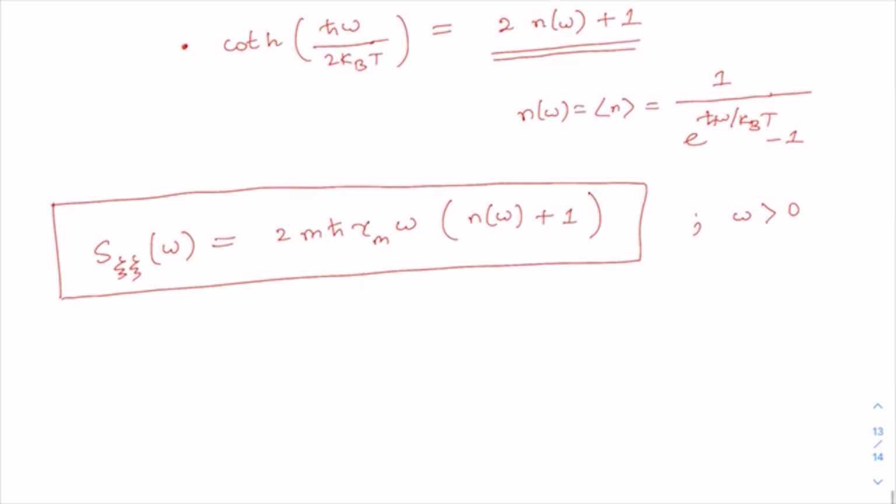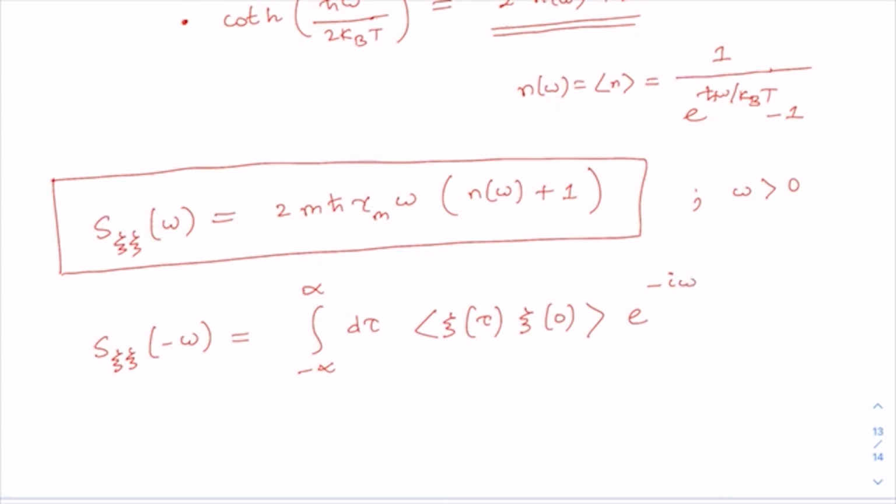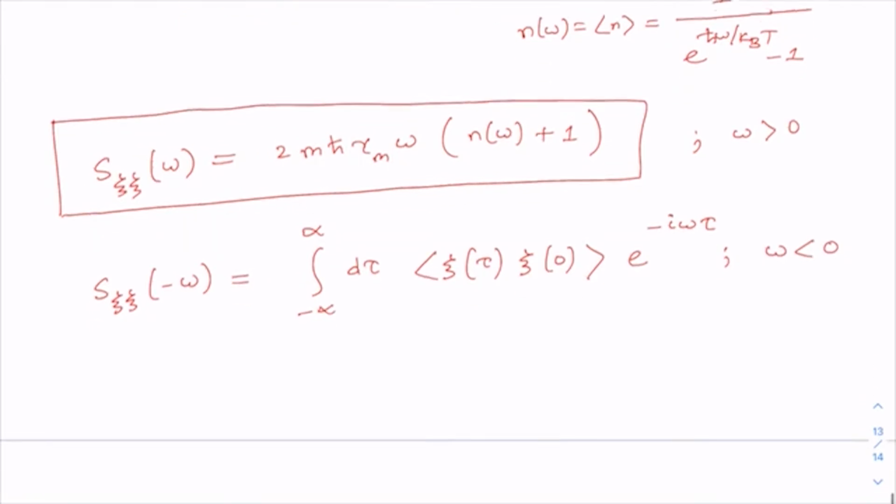On the other hand, I can also work out the spectral noise density at minus omega. In that case the integration would be from minus to plus infinity d tau, the Fourier transform of the correlator I have here. Because omega is less than 0 in this case, I have minus I omega tau rather than plus.